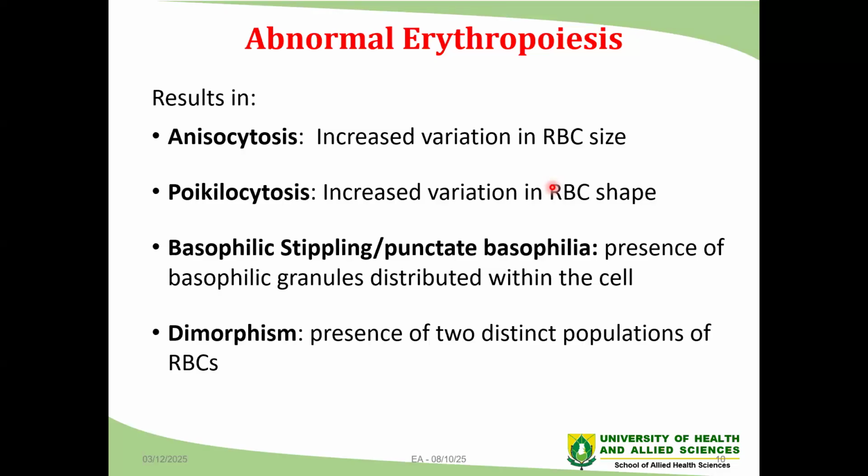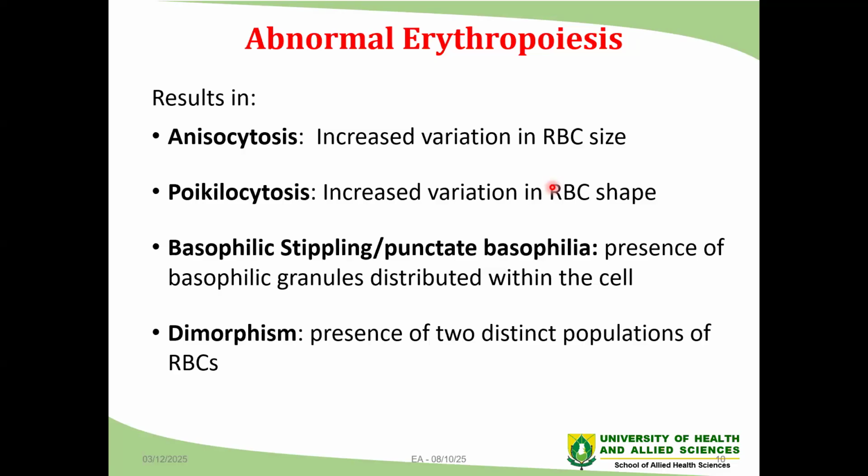Another thing that is likely to happen as a result of the abnormal erythropoiesis is dimorphism. Dimorphism here means having two distinct populations of red cells. So these red cells could vary in their sizes and in their hemoglobinization.